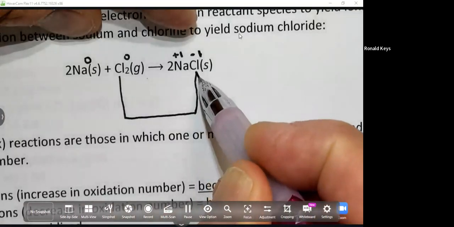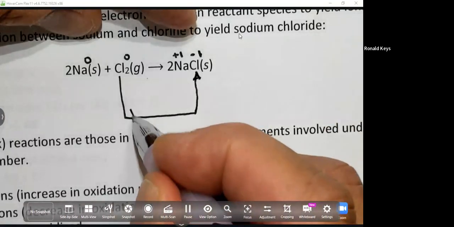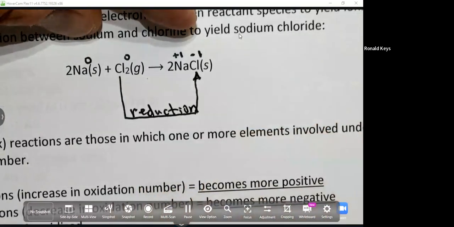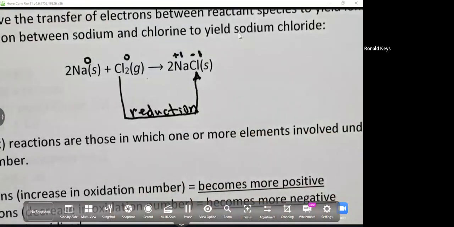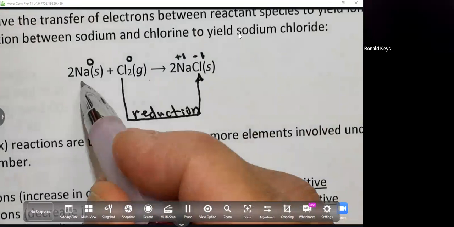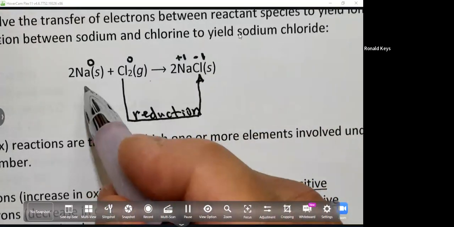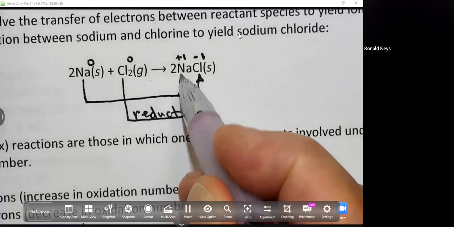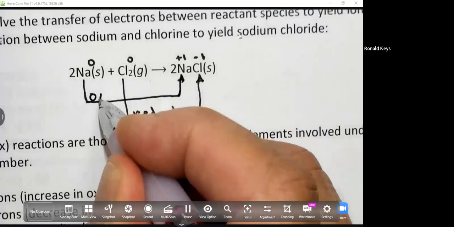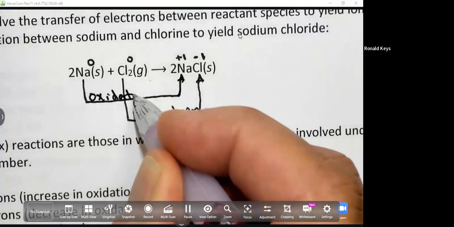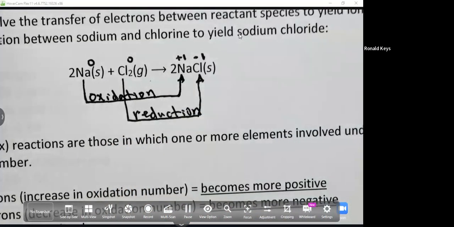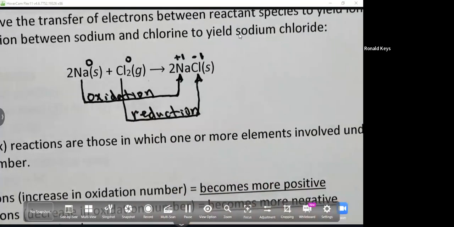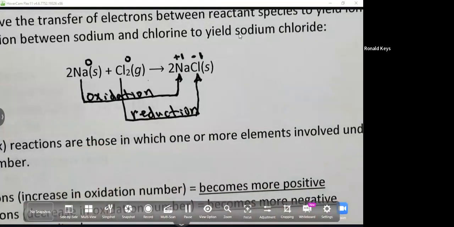Chloride, right? This is reduction. The other one is becoming more positive. This is oxidation. Again, go for the reduction. Which one's being reduced? Once you know that, then the other one is oxidation.